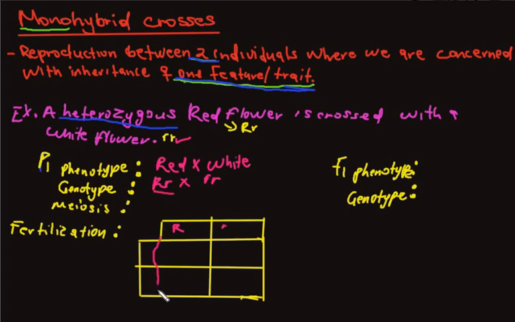Okay, so here we have small letter r, small letter r. So let's cross this and this. It's going to be capital R with small r, this and this, small letter, capital letter, because it's the combination of this as well as this. Then that and that will have the small letter r's.